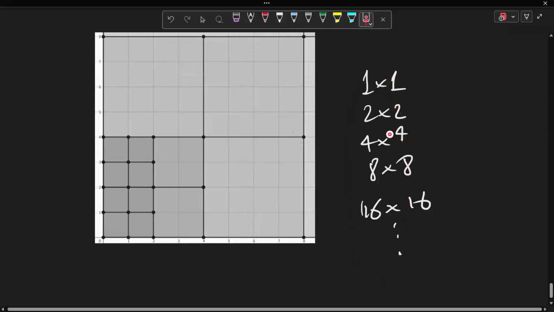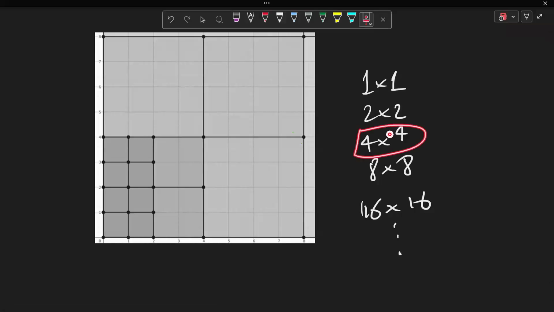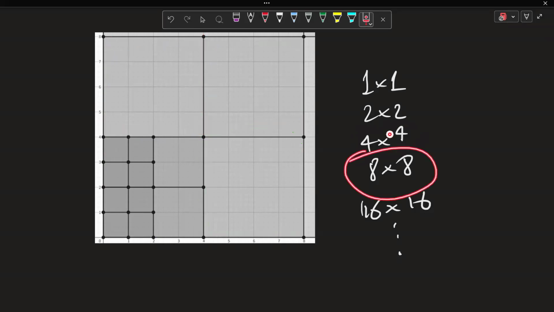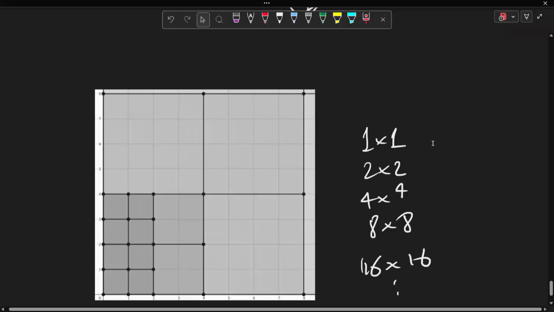If you look at 4 cross 4 squares, from 0 to 4 this would be a 4 cross 4 square, then this would be another 4 cross 4 square, another 4 cross 4, and another 4 cross 4. If you look at 8 cross 8, this would be one 8 cross 8 square, and it would extend here also. Here again, you would have an 8 cross 8 square.